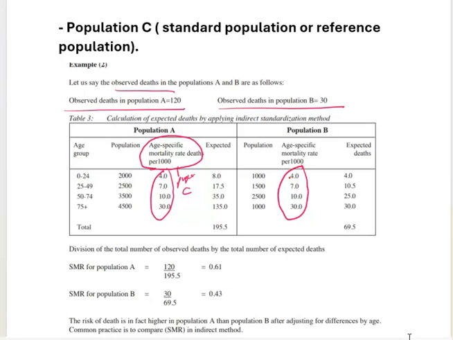So we are going to take number of people from the first subgroup, which is age between 0 to 24. As we can see in population A, we have 2000 people in this subgroup.